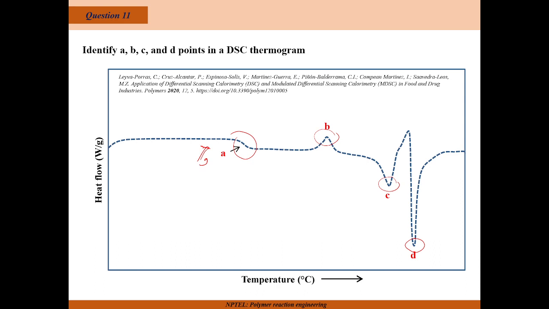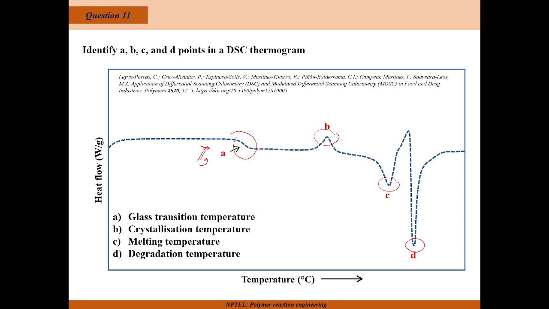So, if that's it, let's discuss the answer in a proper note. This corresponds to the glass transition temperature, and this represents the crystallization temperature. Basically, we can say these are the onsets. This starts the melting temperature, and this is the degradation temperature, where the material is lost.